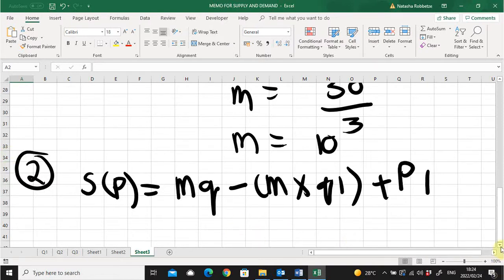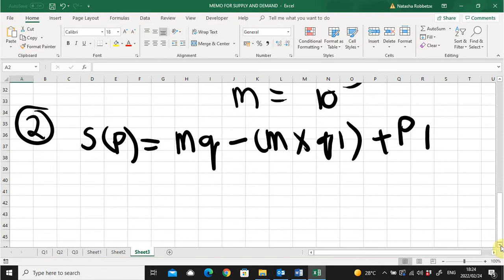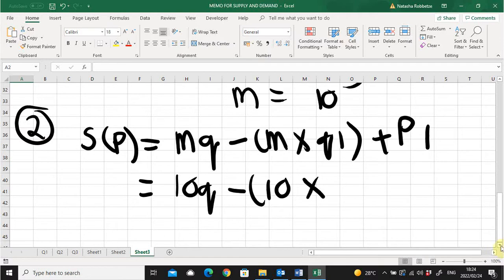And now it's like building a puzzle. We just need to put the amounts in the right spaces. So the supply price is going to be M is 10Q minus 10 times, what was Q number 1? I believe it was 4.